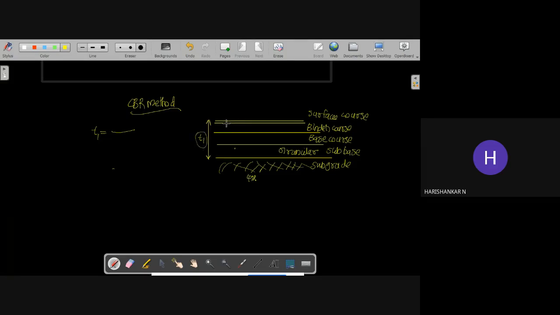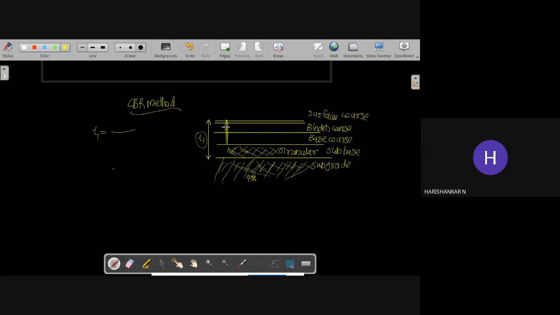And if you want to find out this thickness, then you have to consider the CBR of this layer. You can simply avoid this portion and treat this layer as your subgrade. Actually this is the granular subbase, but still you have to consider it as your subgrade, find the CBR value for this portion, and locate the thickness from the graph.